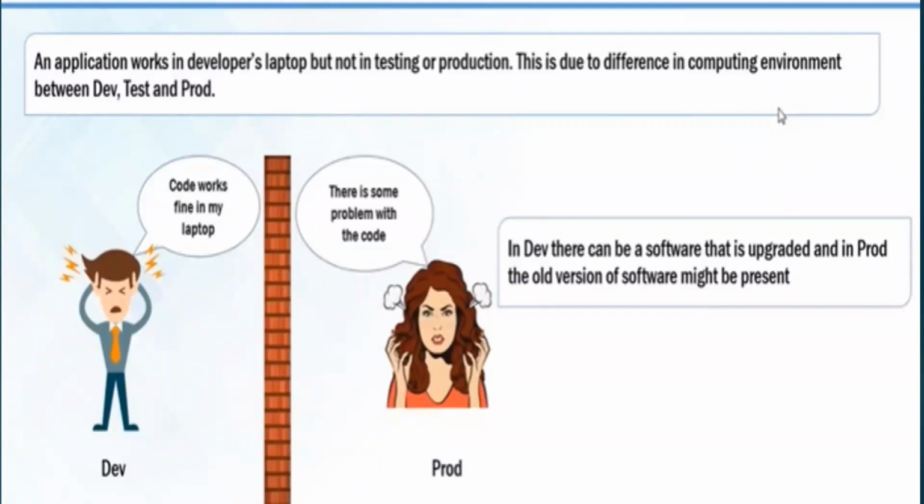Okay, so the first problem here is that let me say I am a developer. As a developer, I am going to write the code. Now to write a code, let me say I'm writing a Java code.